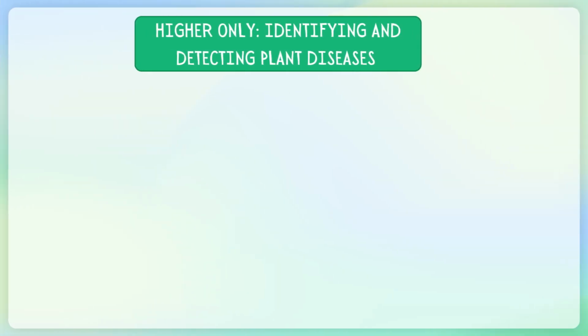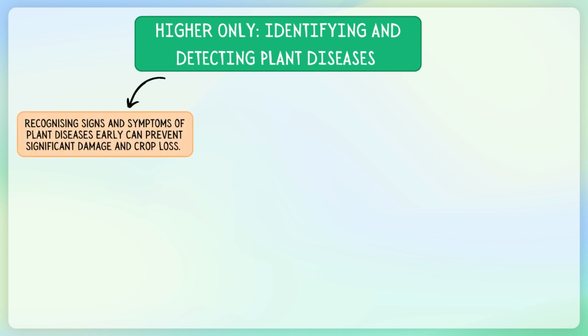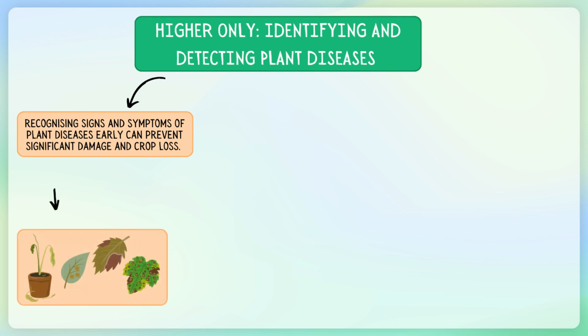In today's lesson, we focused on detecting and identifying plant diseases. We discussed the importance of healthy plants for ecosystems and agriculture, highlighting that early detection can prevent significant damage and crop loss. We reviewed the types of pathogens that affect plants, bacteria, viruses, and fungi, as well as how understanding their characteristics can aid in disease identification.